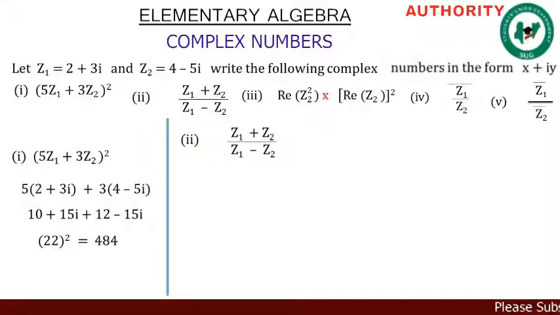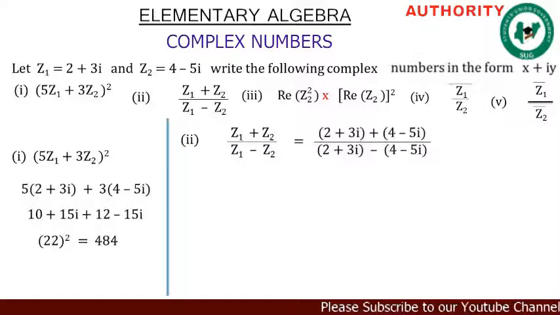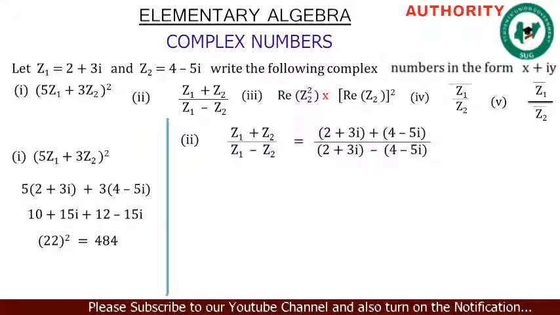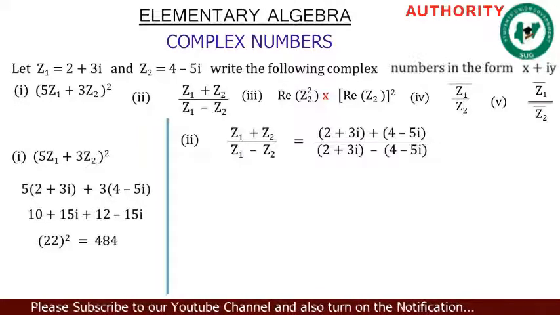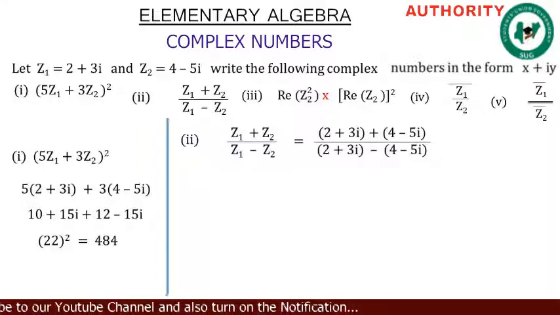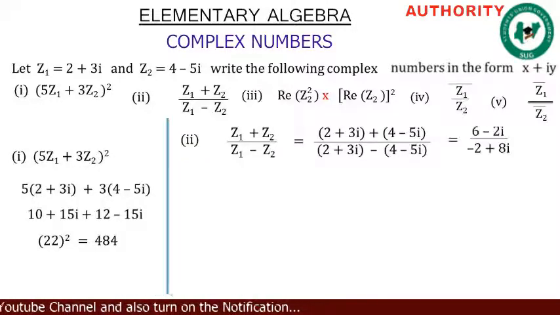Number 2, we have z1 plus z2 all over z1 minus z2. So we have z1 to be (2 plus 3i) in bracket plus z2 (4 minus 5i) in bracket, all over z1 (2 plus 3i) in bracket minus open bracket 4 minus 5i. In the numerator, real part plus the real part, imaginary part plus the imaginary part. So 2 plus 4 gives us 6, and plus 3i minus 5i gives us minus 2i.